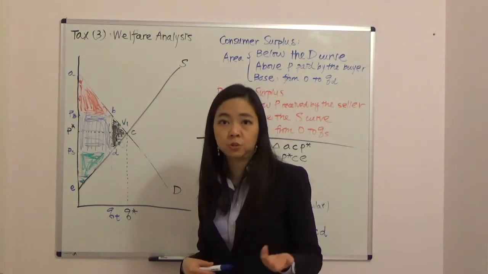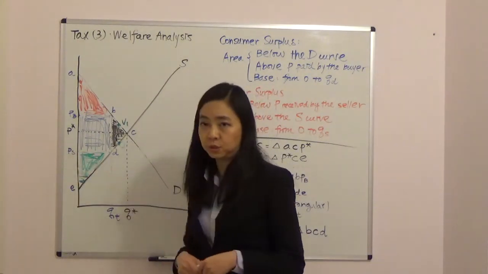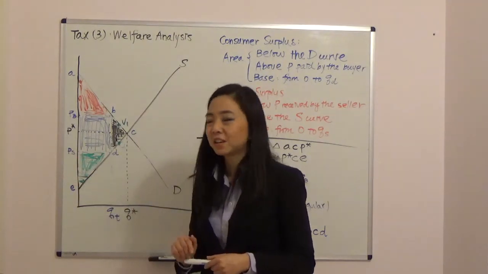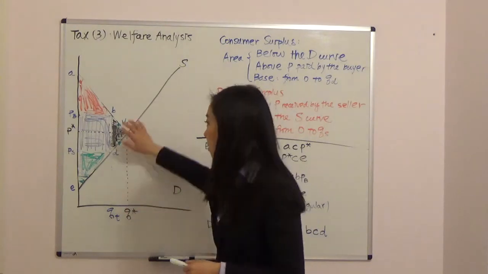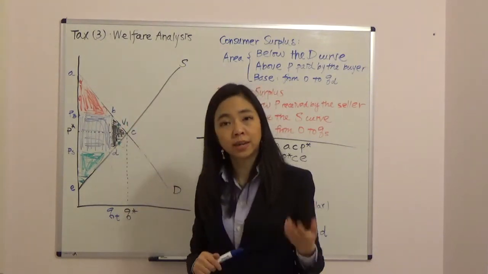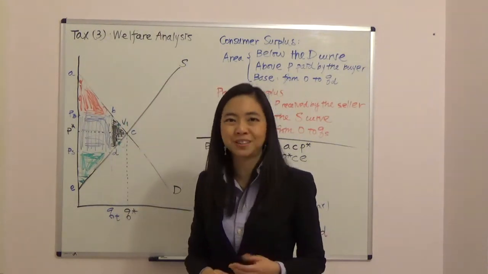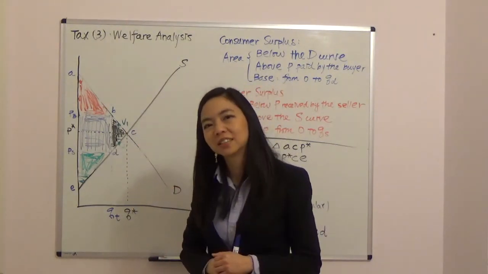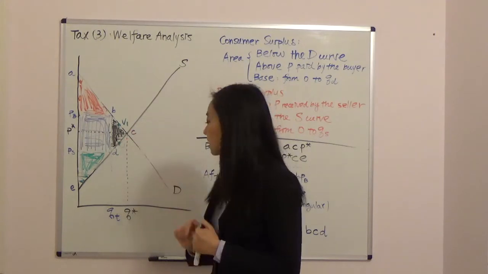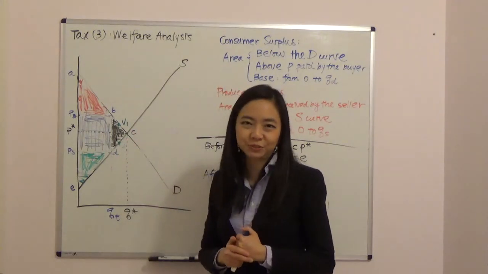It doesn't make sense for me to sell this unit and go home with only PS dollars. So this unit of sale is lost due to a government tax. So neither this buyer nor this seller will get any consumer surplus or producer surplus after the tax. So we lost this unit of sales, and that's kind of bad. So there is a deadweight loss because of the tax.